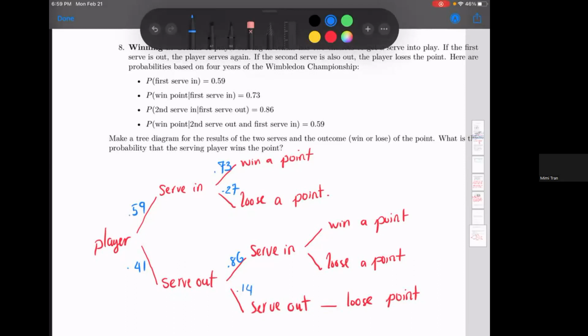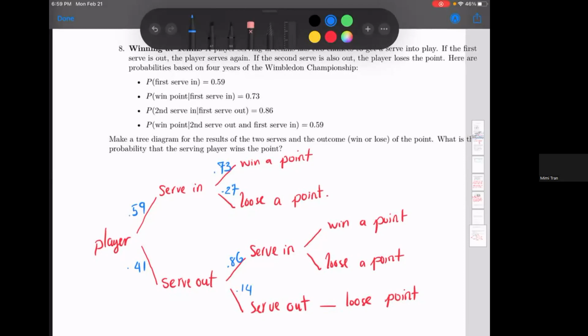And then this one: given second serve out and first serve in, you win the point, so 0.59. So this is 0.41. This one is just 1, right? Why did I put 1 there?